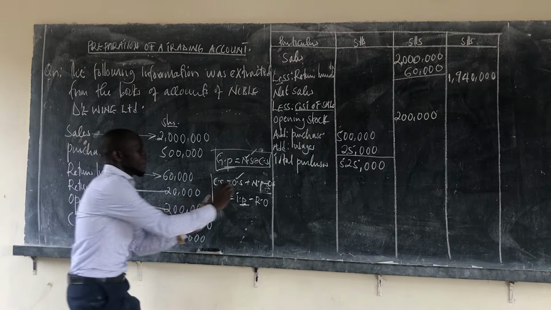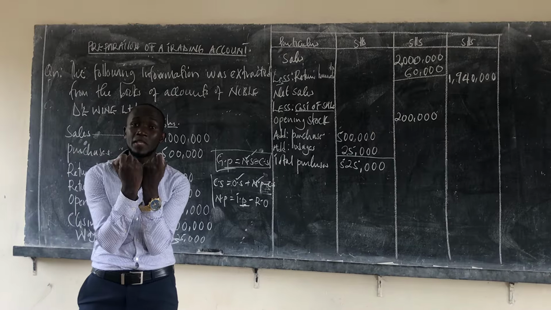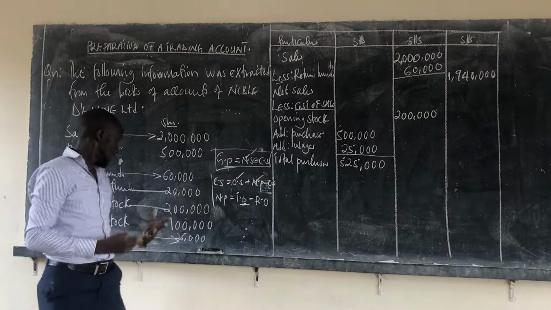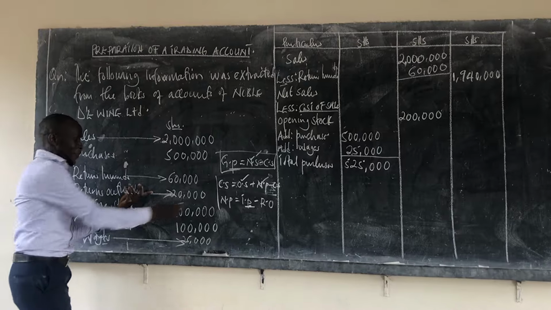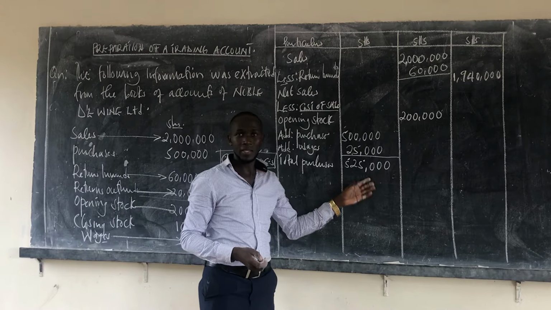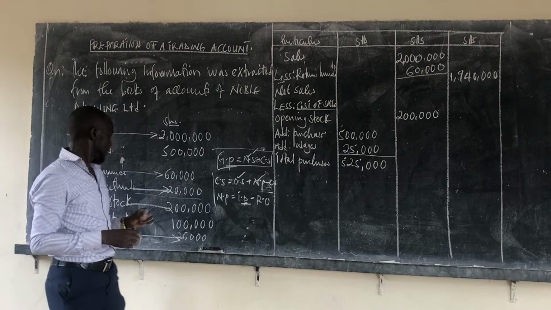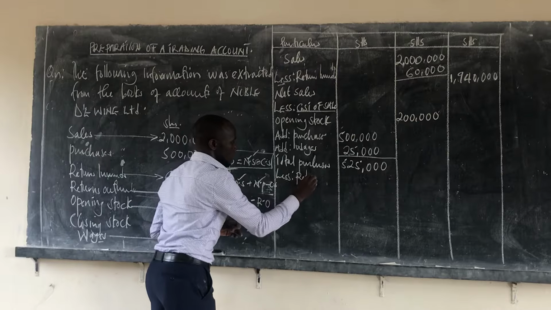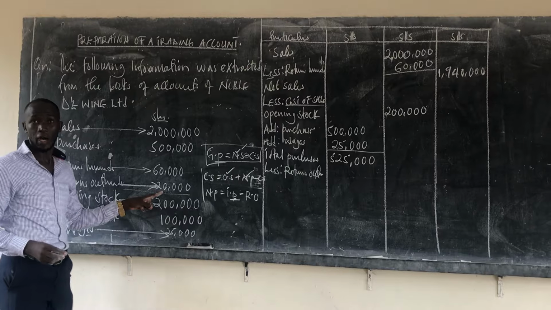We want to get the net purchases. Net purchases, remember we say, are the items that the business actually has after making the returns outwards. Since we had made some returns to where we had bought these items, we get the returns outwards and subtract them from the total purchases to have the net purchases at hand. Hope we're moving together now. So when you have this, we less returns outwards. Returns outwards is 20,000.